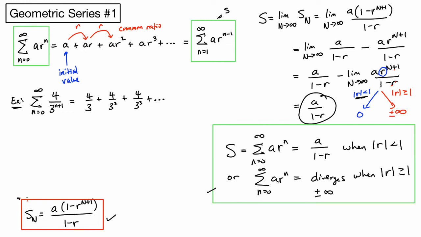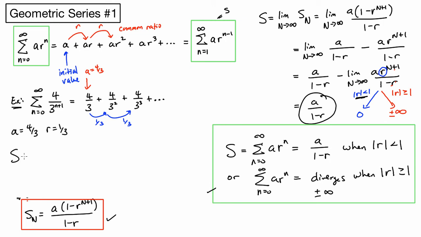And hopefully you can recognize that the initial value here, a, is 4/3, and to get from each term to the next, I'm having to multiply by 1/3. So multiplying by 1/3 will give me the next term. This suggests then that for this series, a is 4/3 and r is 1/3.